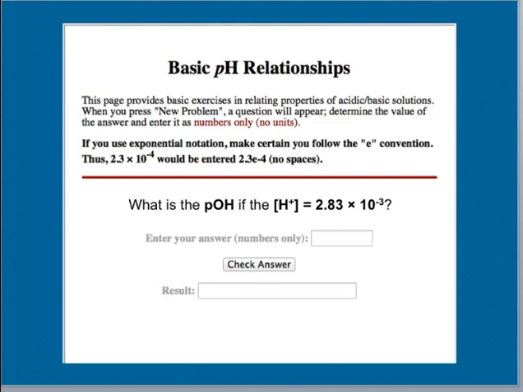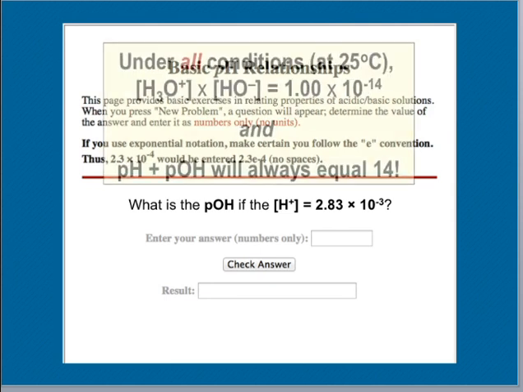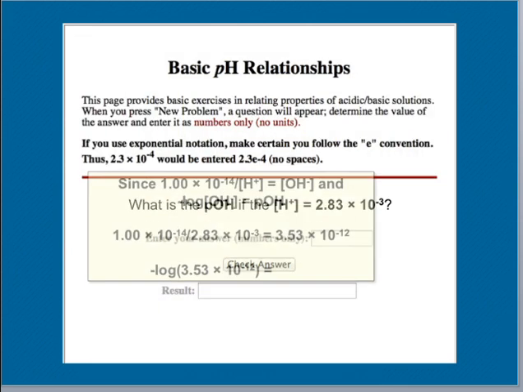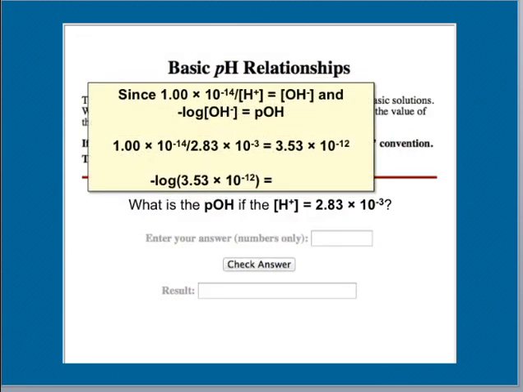But we know that hydronium times hydroxide is 10 to the minus 14. So hydroxide is going to be 10 to the minus 14 divided by hydronium. This is hydroxide.